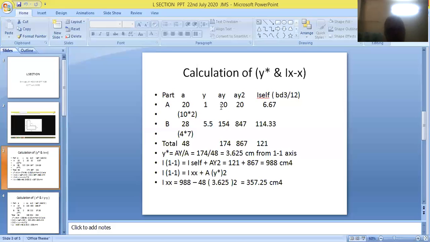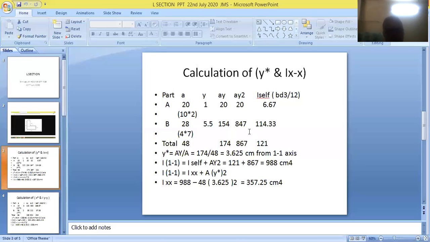AY is very simple so far as calculation is concerned. It's obtained by taking the product of A and Y already available in the second and third columns.